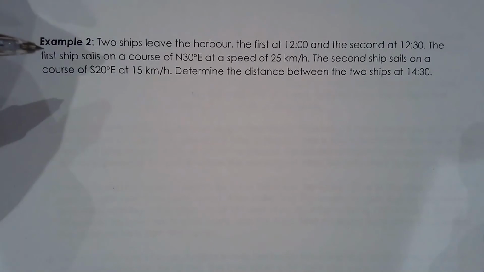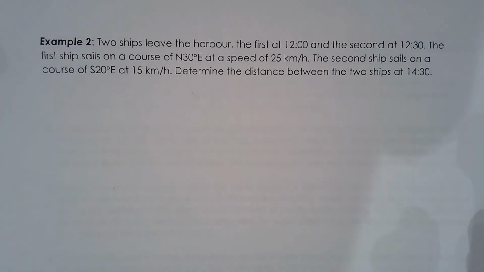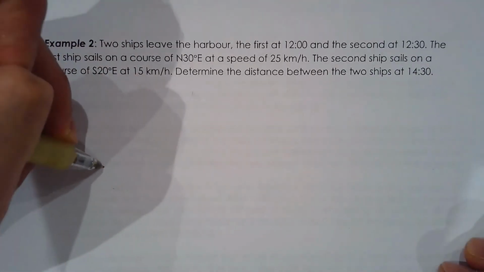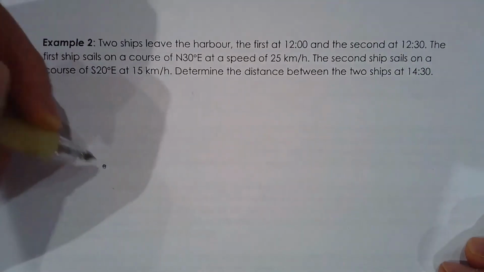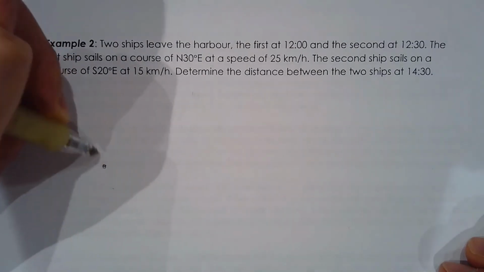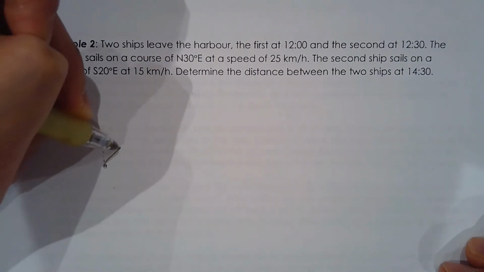Okay, so this question requires us to remember a bit of our knowledge about bearings from grade 10. The hardest part, I feel, for this question is the diagram. If you can interpret the situation and draw the corresponding diagram, then you pretty much answer the question. So you have the first ship leaving the harbor at 30 degrees east of north.